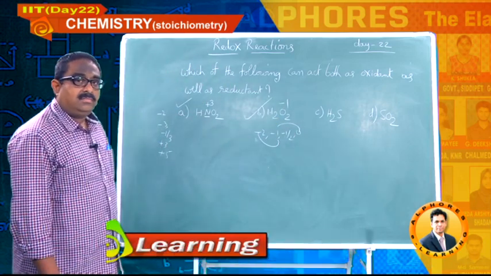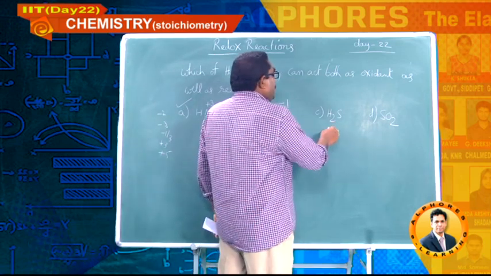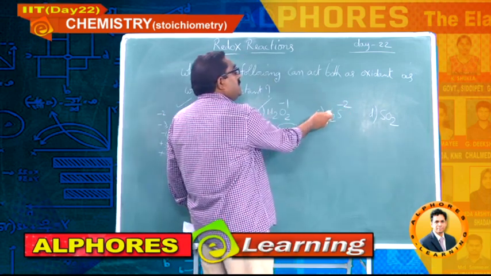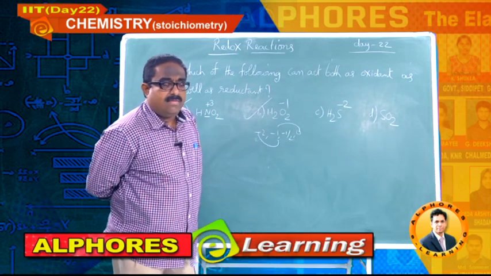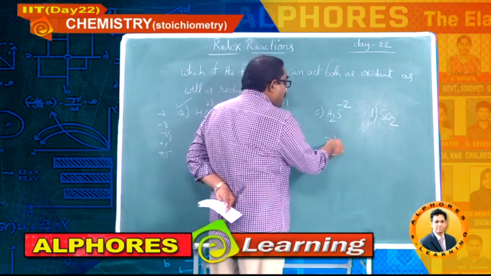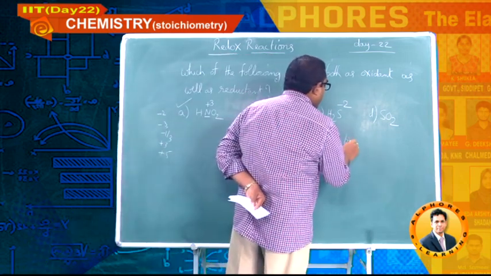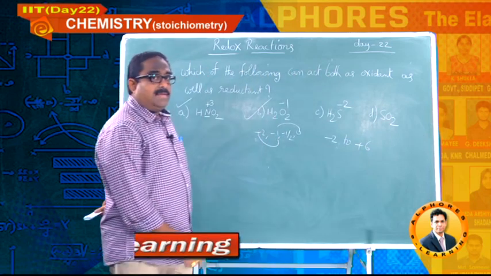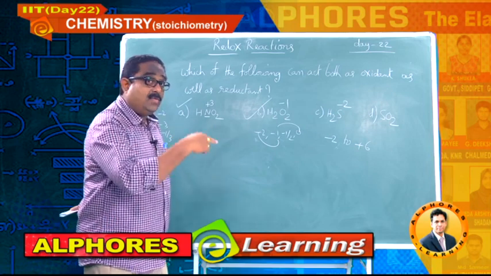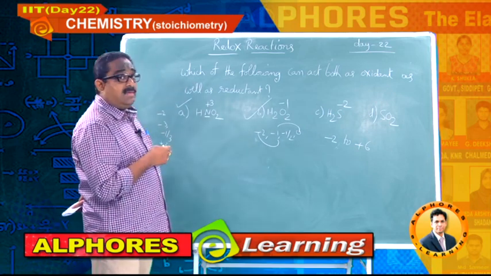Next, H2S, where the sulfur oxidation state is -2, because +2 for 2 hydrogens. So, sulfur is -2. Okay. The possible oxidation states of sulfur: minimum is -2, maximum is +6. -2 to +6: -2, 0, +2, +4, +6.